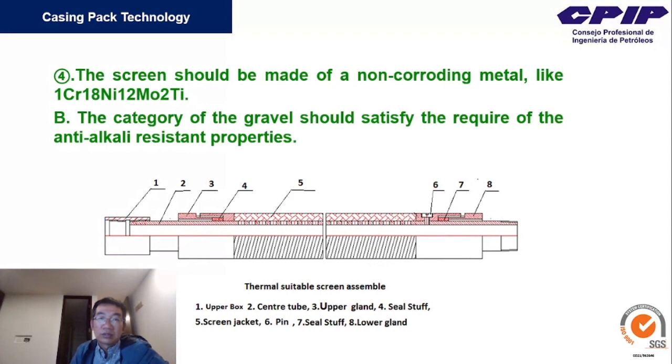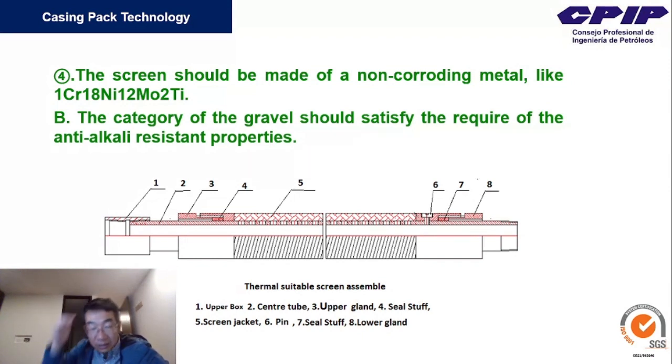The screens should be made of a non-corroding metal, and the category of the gravel should satisfy the required anti-alkali resistant properties.